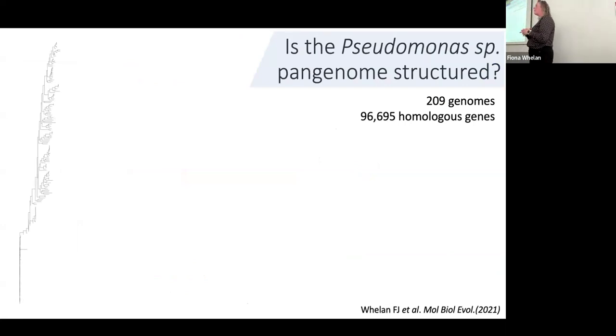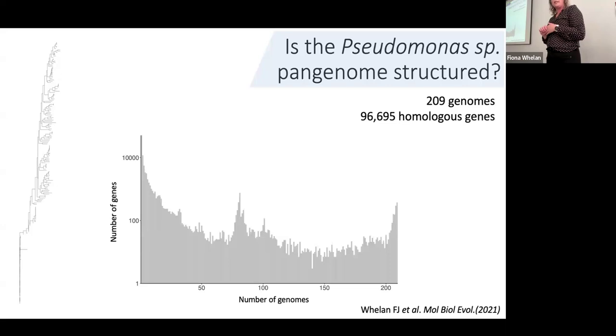We looked across the genus in this case, not just the species, of Pseudomonas. So we had 209 genomes that were publicly available and just under 100,000 homologous gene clusters across these genomes. To give you an idea of what this looks like, we can look at the distribution of the different genes and how frequent they were in the data set.